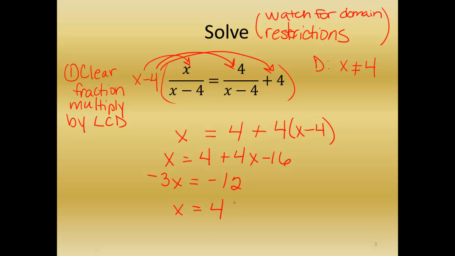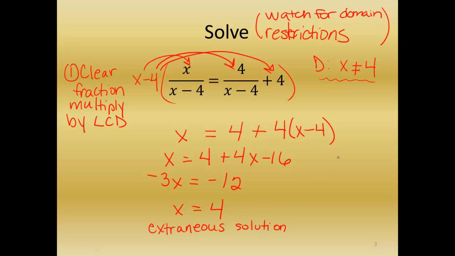Now notice here, down at the end, I got an answer, x equals 4. It's a perfectly wonderful answer. But when I go back, my domain restriction told me, wait a minute, x can't be 4. So I get a solution here, and this is what we call an extraneous solution. And we've seen those before.